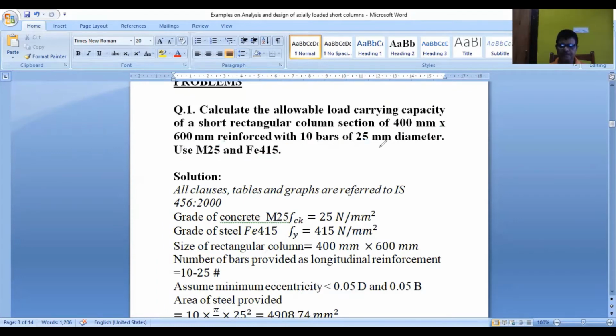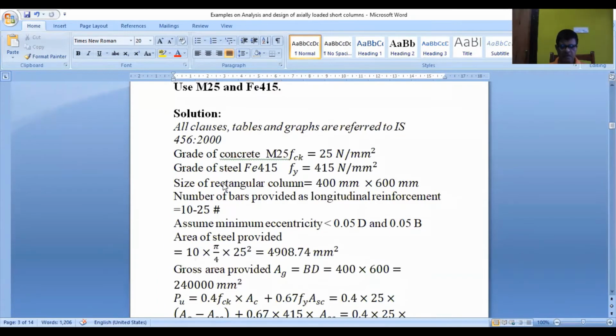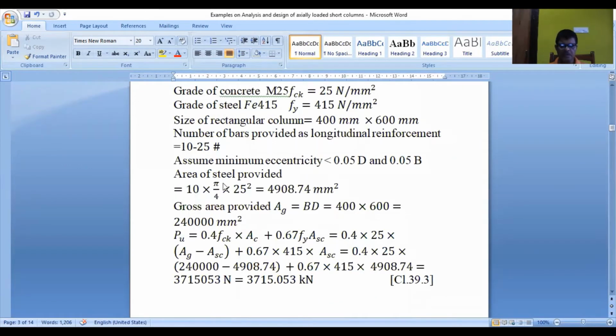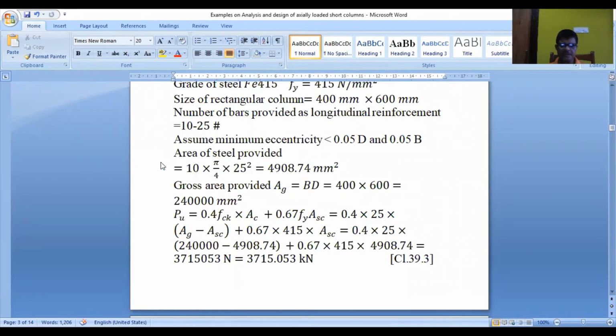Now write all these values, then calculate the area of steel, which is pi by 4 d square into 10, and the gross area is equal to B into D. Then put the formula for P, and as you know, Ac is equal to Ag minus Asc. So put all these values you are given, and you can find the value of Pu.